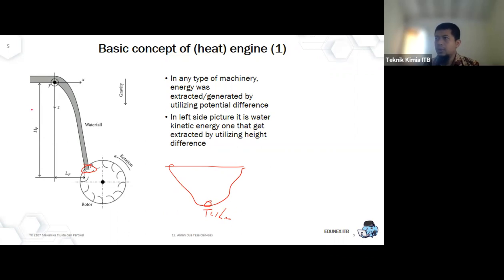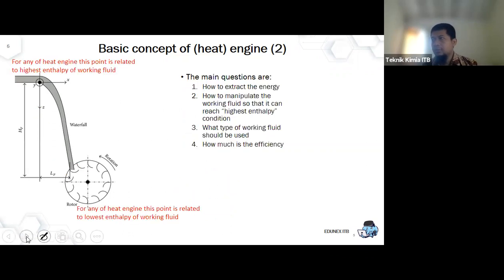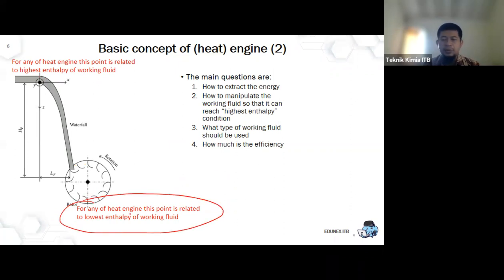We always want to utilize this flow of energy. But what happens if you want to utilize it in a heat engine? For any heat engine, this point is related to the highest enthalpy of the working fluid, and this point is always related to the lowest enthalpy possible of the working fluid.